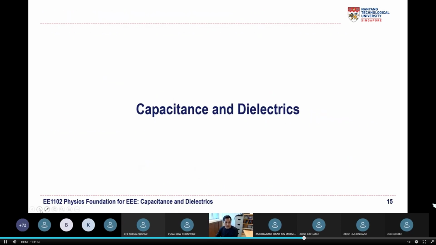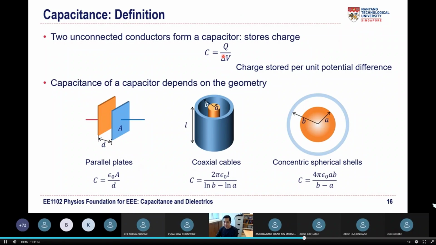When the two conductors are not connected, and then you apply some voltage, some electric potential across it, then you're going to accumulate charge on one plate, and the opposite charge is going to accumulate on the other side of the conductor.